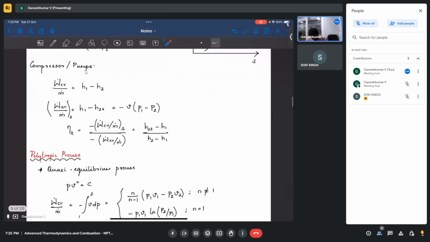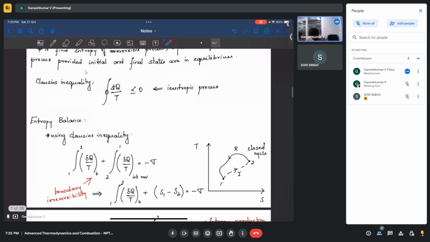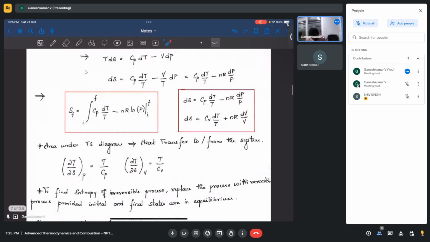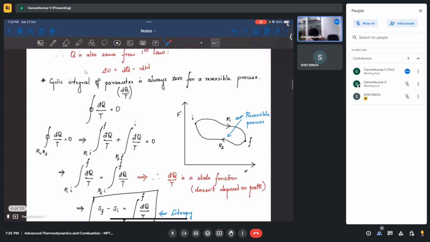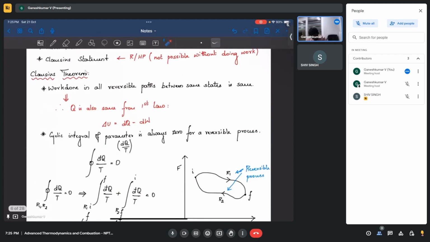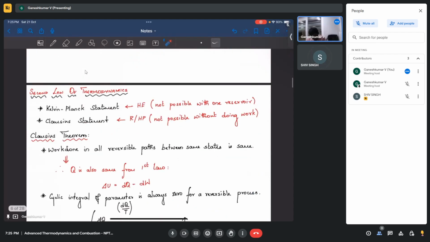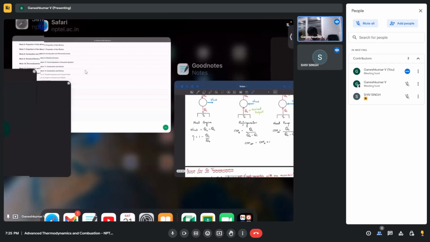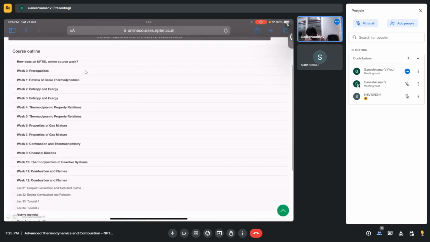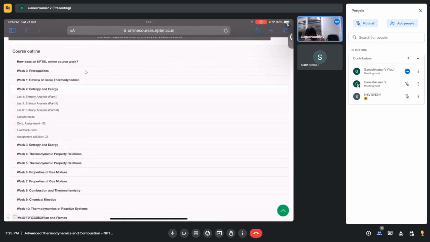I think I didn't write it here, so give me a minute. And that is the reason you can replace Q with T. It is not due to m Cp delta T. Let me show you in the lecture notes.